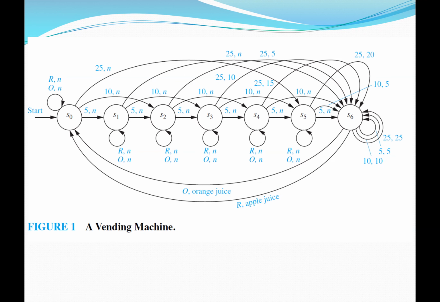So here is the example. Suppose that you are starting the procedure, and let's say you want to insert 25 cents. If the cost is 25 cents, or the cost is 30 cents, you can input 25 cents.